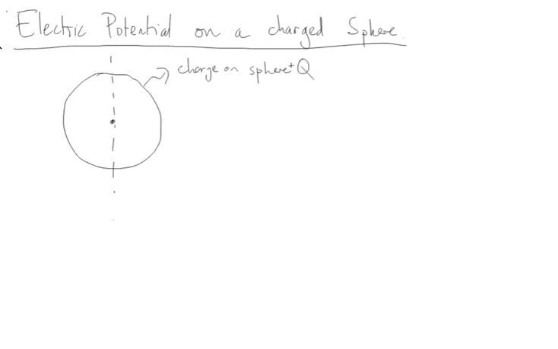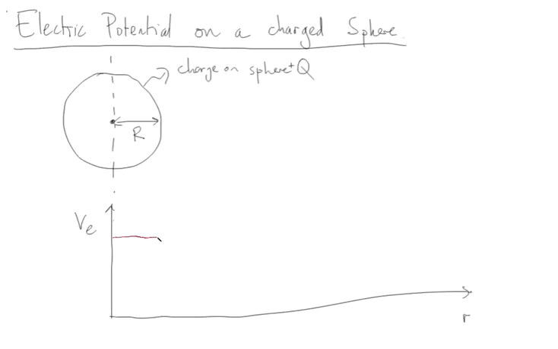If I have a graph underneath here, and we define the radius of the sphere to be capital R, and this graph down here is going to be electric potential against distance from the center of the charged sphere, then it turns out that inside the sphere the electric potential is a constant. As soon as you get outside the sphere, then it becomes proportional to 1 upon r and starts to decrease like this.